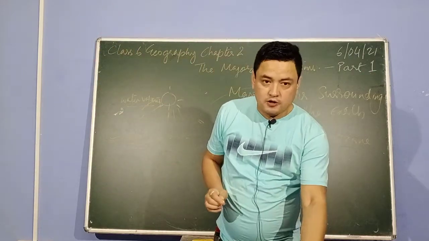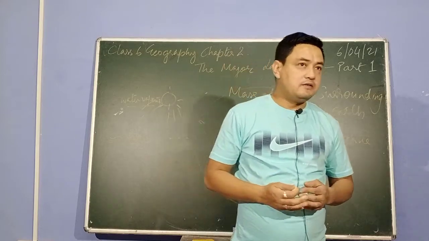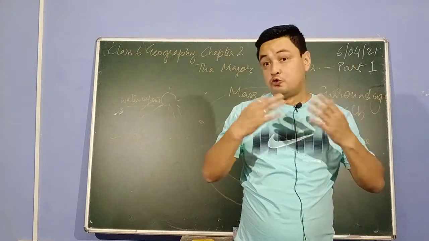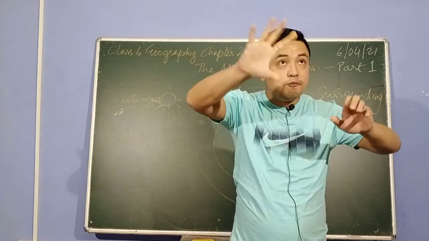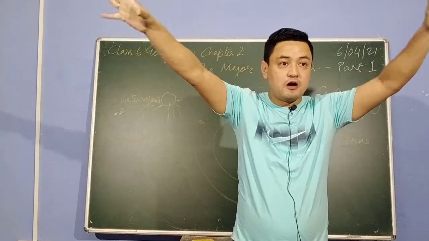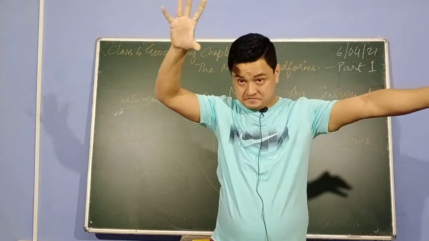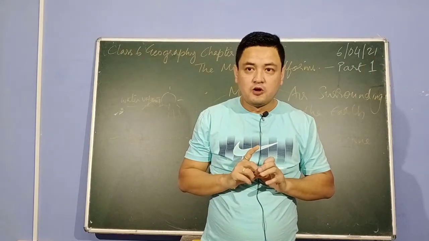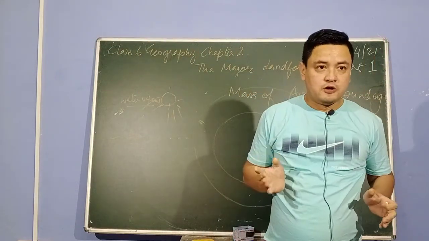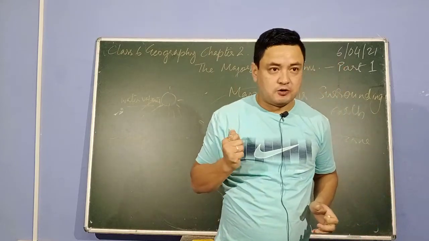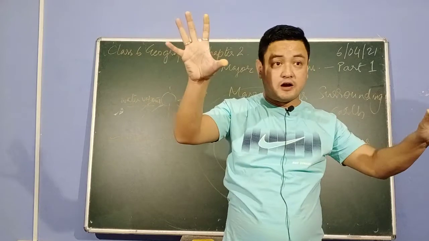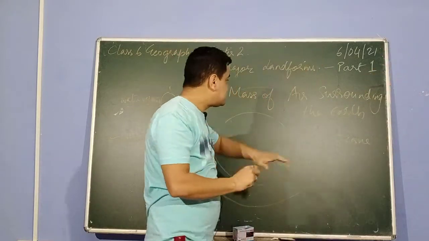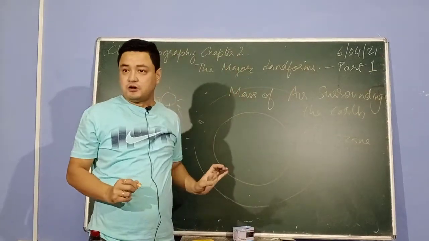Now at home, when the light goes off in your room and you switch on a torchlight, what happens? You see many dust particles suspended in the air. Have you seen that? These dust particles are found in the atmosphere.